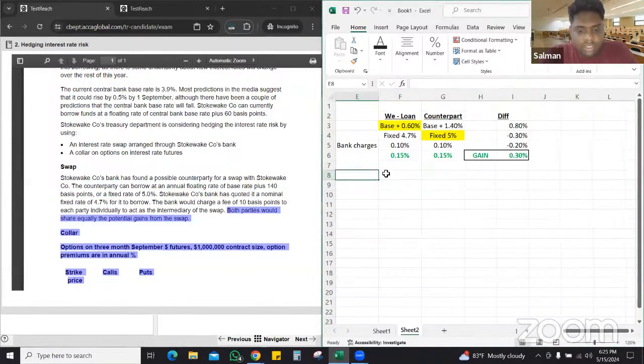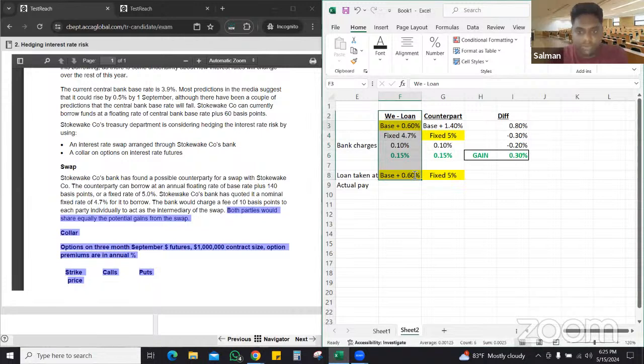see, loan taken at, we are going with the base rate. Counterpart is going with the fixed rate. Right. And the actual payment is, we are paying. So now once we take the loan, now we are swapping it off. Minus 5%. We are paying 5%, and then the counterpart gets 5%.